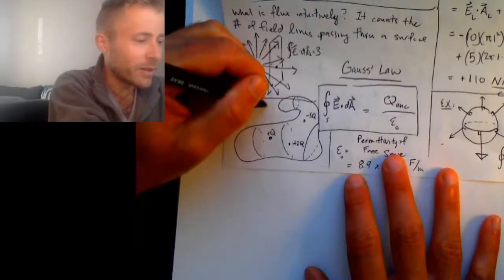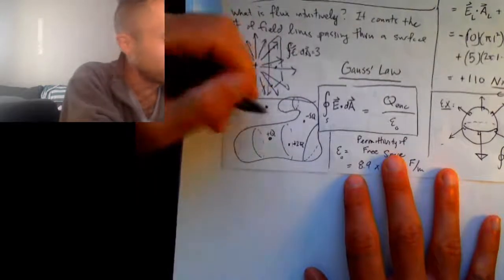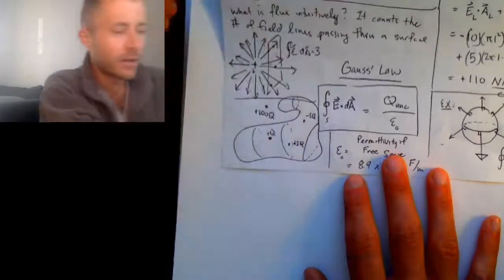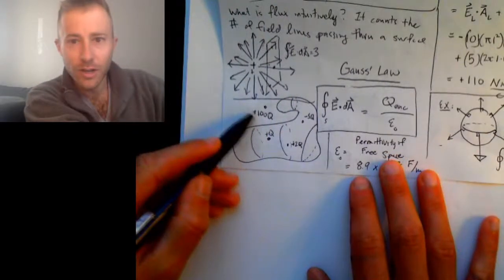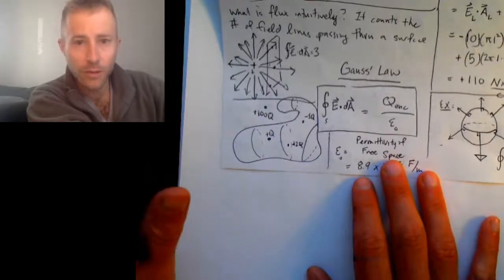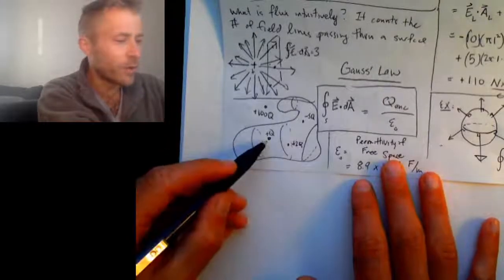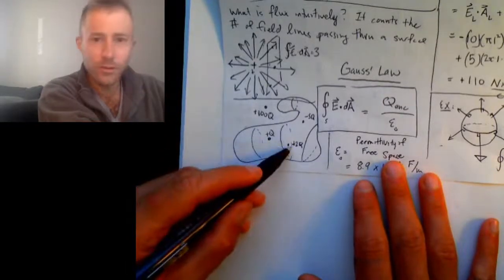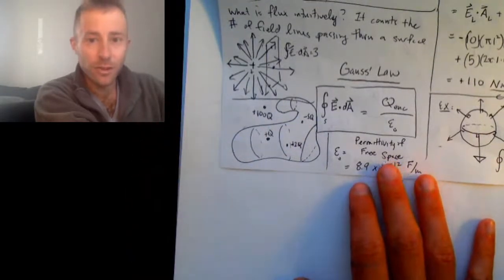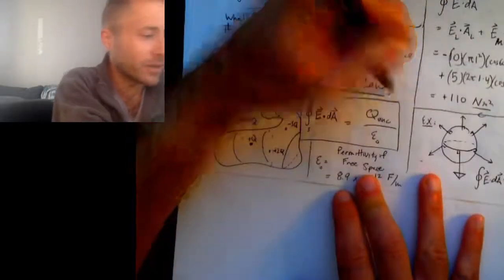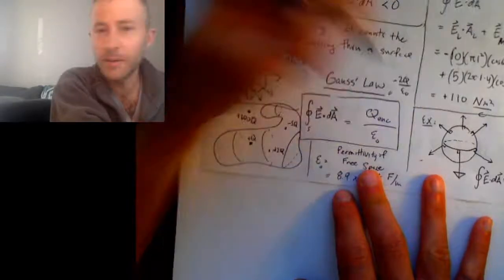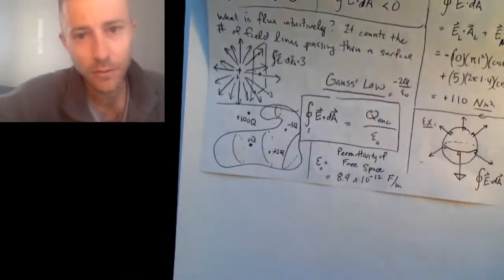And then maybe right here I have, I don't know, a plus 100q charge. This charge is not enclosed by the surface, so it's not going to affect the value of the flux through that surface, okay? So the total amount of charge is plus q, plus 2q is 3q, minus 5q, so that's minus 2q. So I would say that the value in this particular case is minus 2q over epsilon naught for the value of the electric flux through that surface.